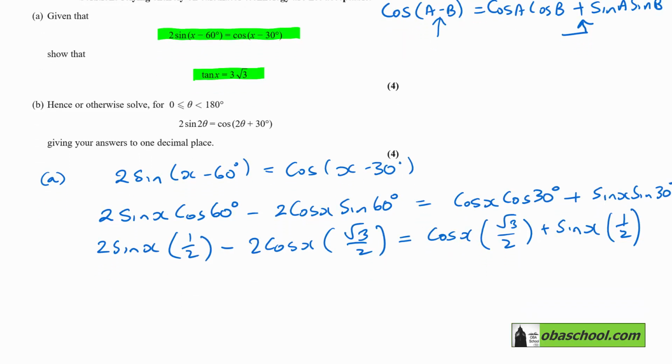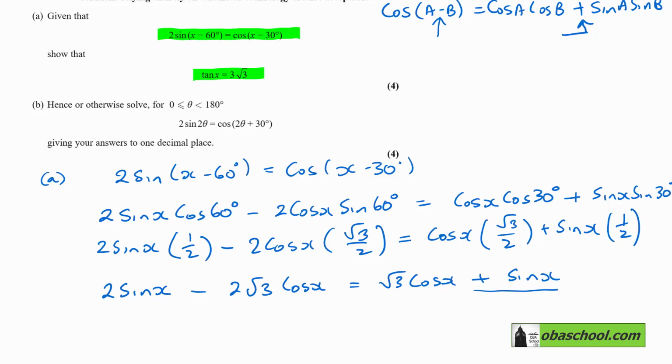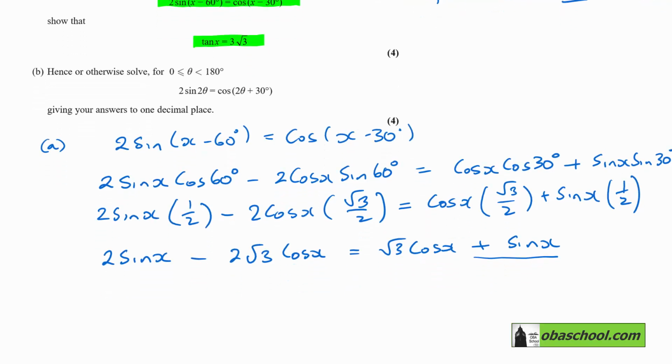Now to get rid of all the fractions, let's multiply through by 2. And then we have 2 sin x, take away 2 root 3 cos x, and then we'll have root 3 cos x, and we'll have sin x. Let's bring all the sines onto the left-hand side. So we'll need to subtract sin x from each side here, and therefore we just end up with sin x over here.